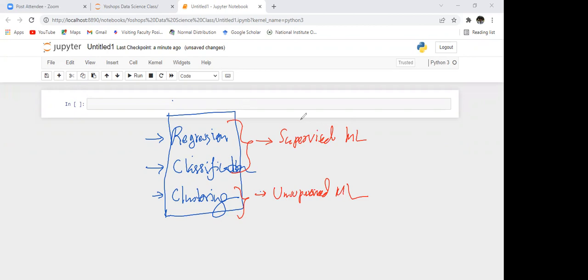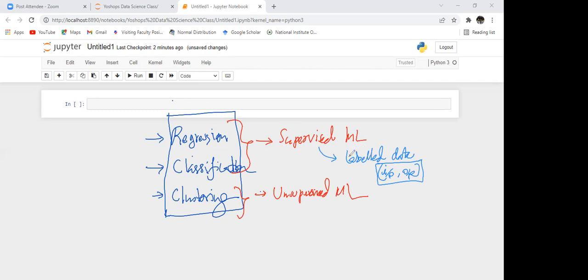When we say supervised machine learning, meaning we are talking about the condition when we have labeled data, right? Meaning, you know, input output pair. For which input, what will be the output that is known to you. So when you talk about supervised machine learning, meaning you are talking about the conditions where you have labeled data.